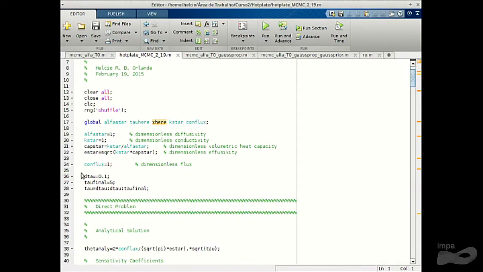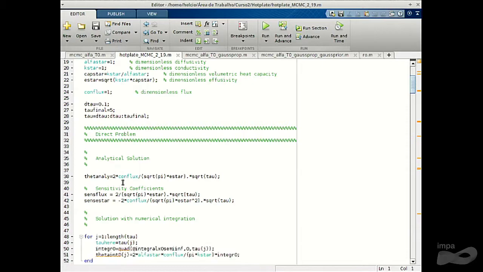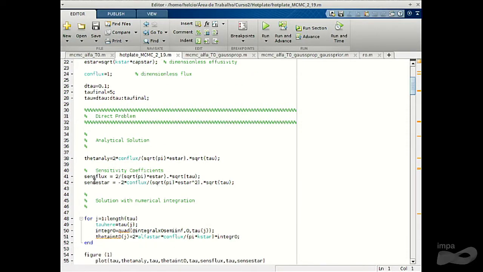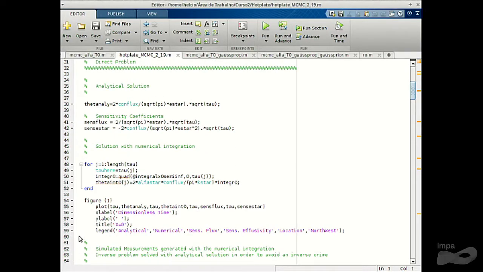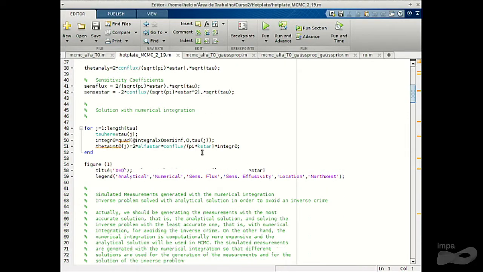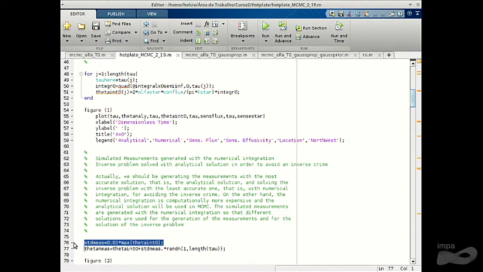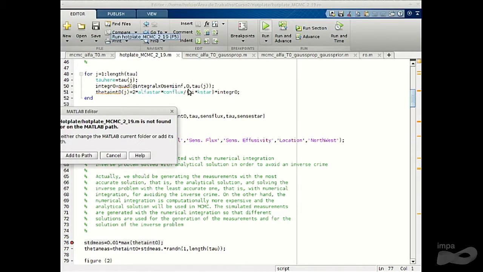This is the final time, and this is an analytical solution, and these are the sensitivity coefficients with respect to the heat flux and also with respect to E. And this is a numerical integration of the solution. Instead of using that analytical solution, I'm doing a numerical integration. And let's stop here. Oops, sorry. And only to check the sensitivity coefficients.